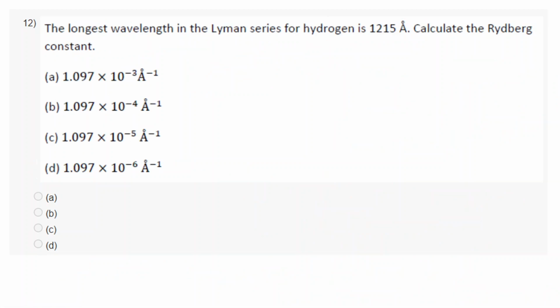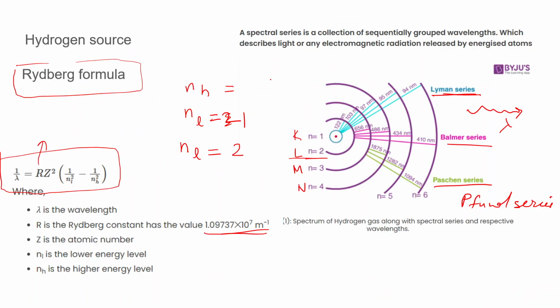Okay, one more question we have on this. The longest wavelength in the Lyman series for hydrogen is this. If you recall, Lyman series was when the electron comes from a higher level to a lower level, n equal to 1. I'll again show the diagram.